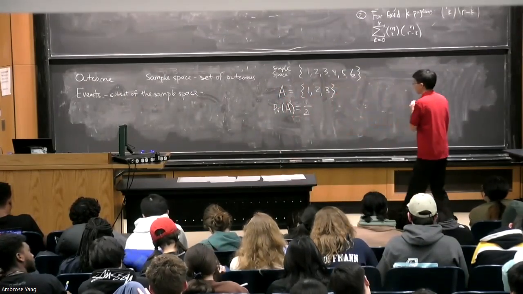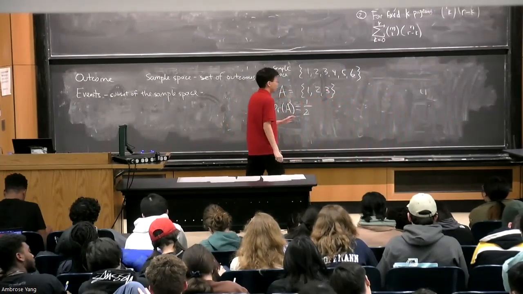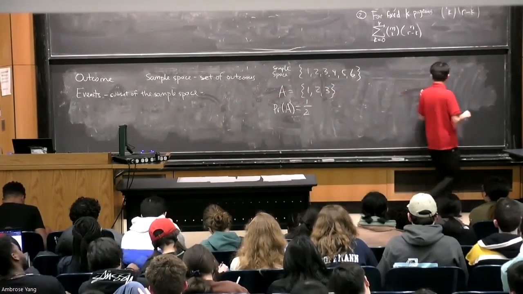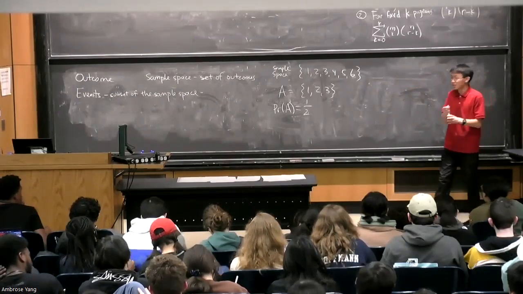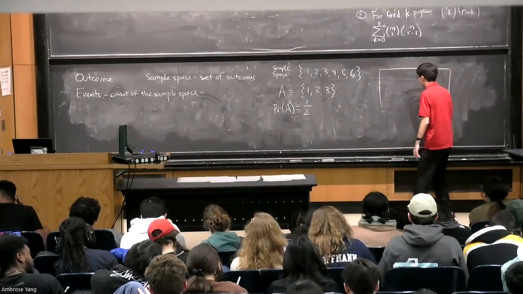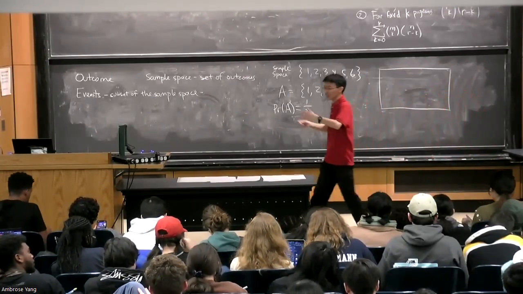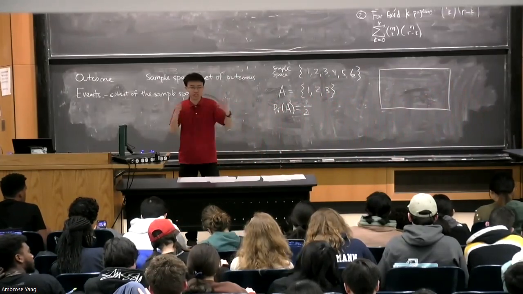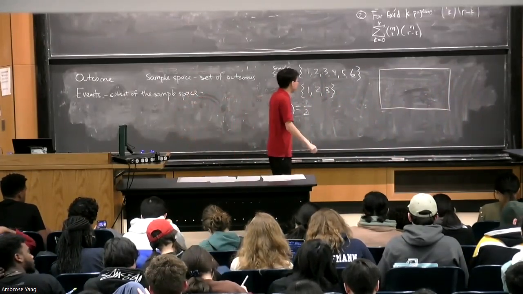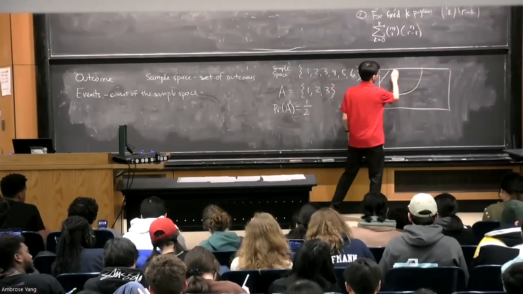But now let's talk about the idea of conditioning. When we talk about conditioning, I want you to keep this visualization in mind. Suppose you had this box here, and this box represents the sample space, everything that could possibly happen. Now you have an event A, which is a subset of the sample space. Let's say A is these outcomes.